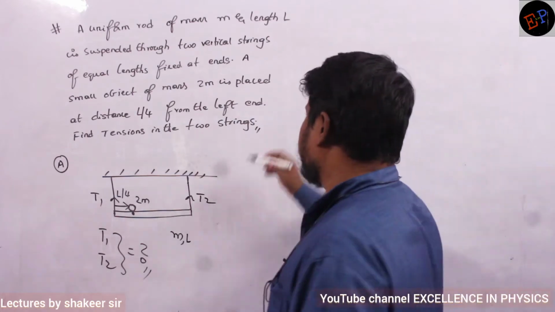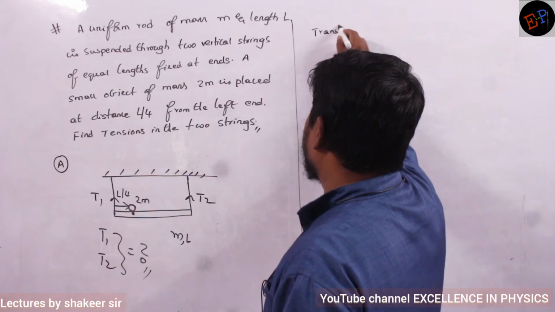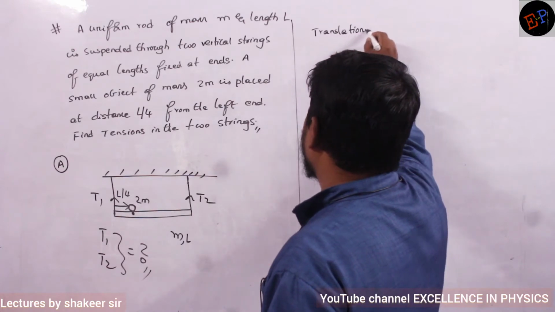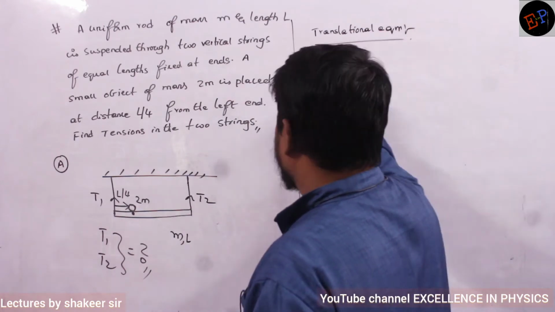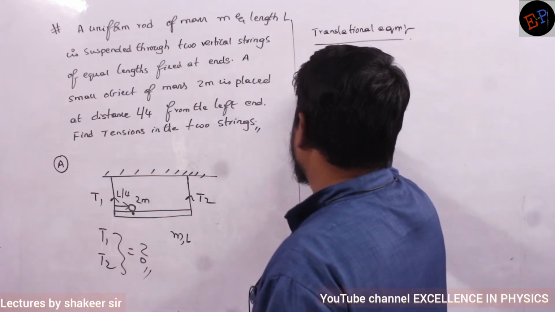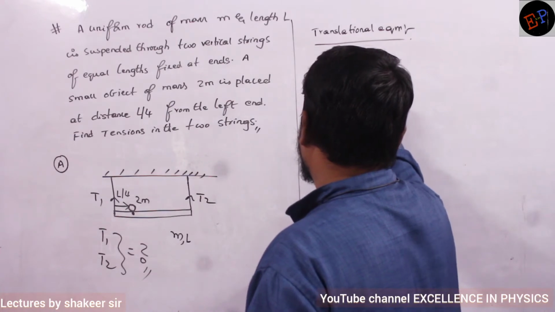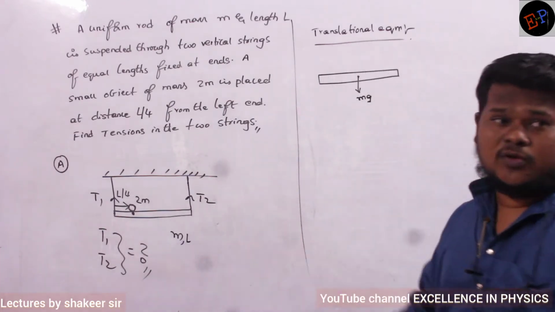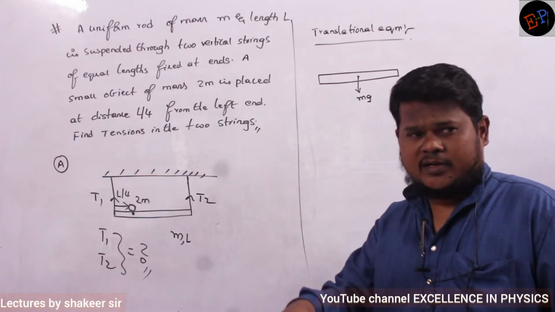So the first point is, if you solve according to translational equilibrium, what are the different forces acting on this rod? See, its own weight, mg, will be acting downwards. Where will the weight of the rod act?